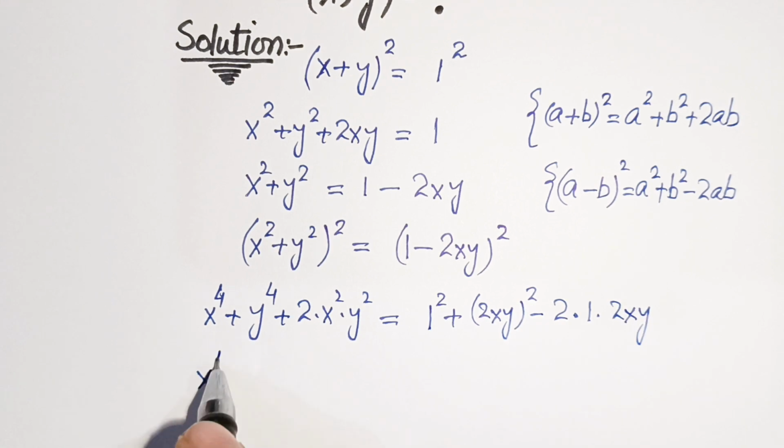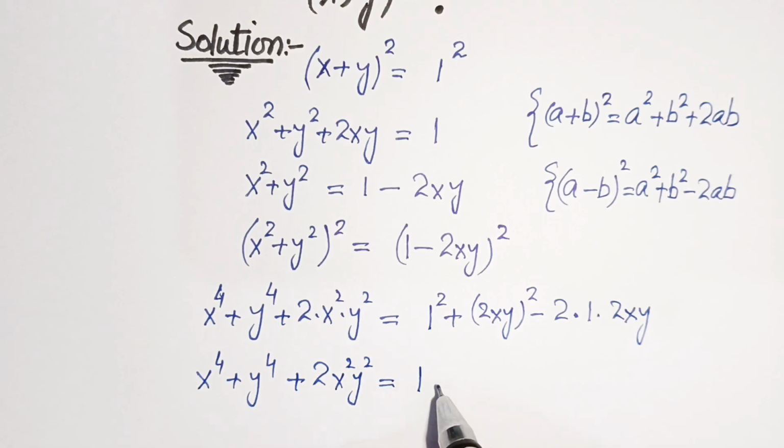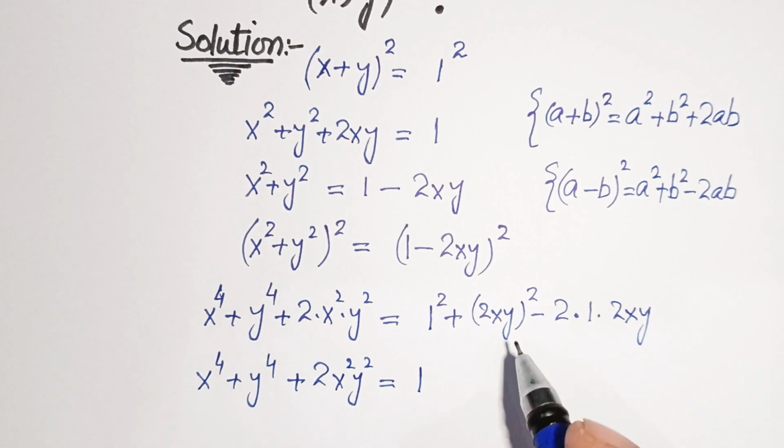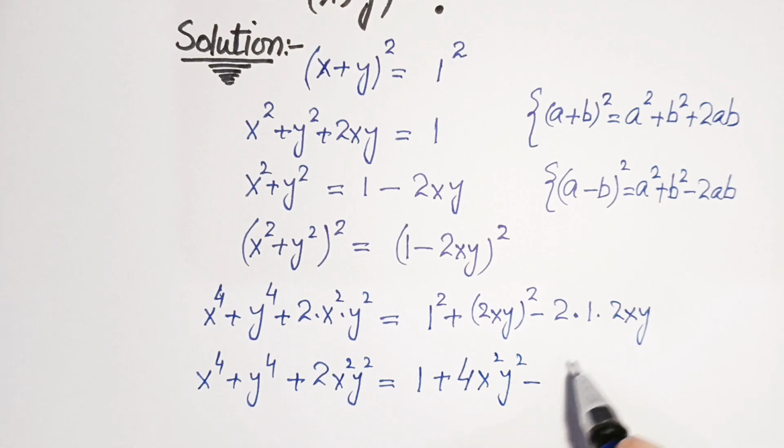Now x to the power 4 plus y to the power 4 plus 2 times x squared y squared is equal to 1 squared, which is 1, plus 2xy whole squared, which will be 4 x squared y squared, and minus 2 times 2, which is 4xy.